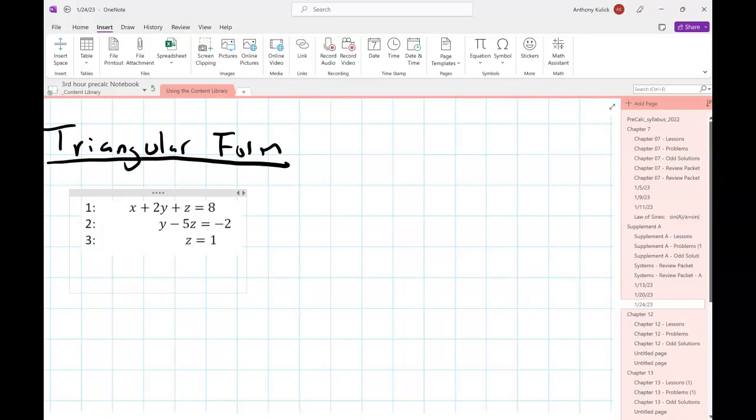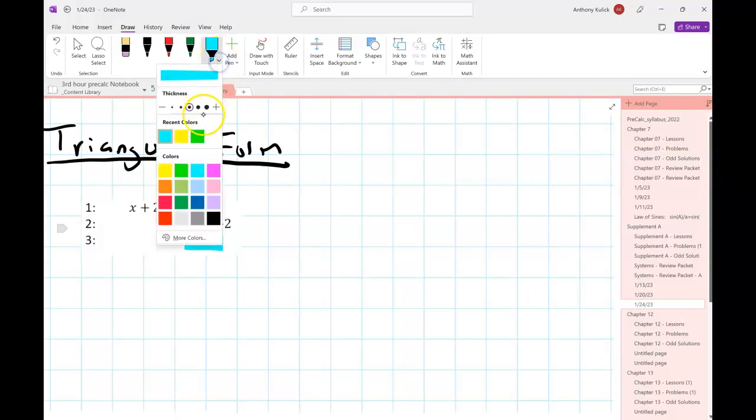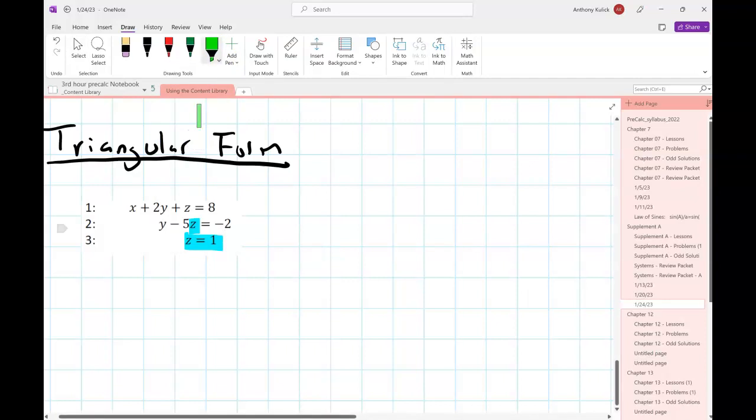What's beautiful about this is that once I have this solution, I can plug it back into the preceding equation to get the equation for y. And once I have the equation for y, I can plug that and z into that equation to get x. So it's very, very fast. So let's just go ahead and do that.